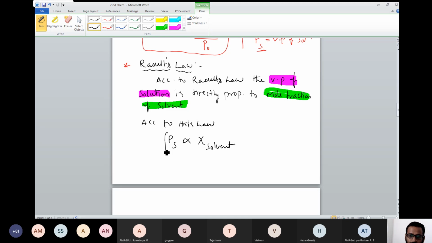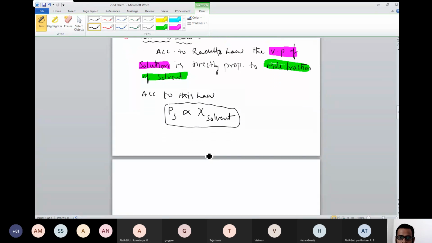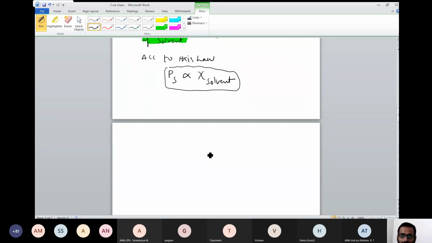Write this carefully. According to this law, PS is directly proportional to mole fraction of solvent. Slowly we started from vapor pressure to this important relation. What is that? PS is directly proportional to mole fraction of solvent.